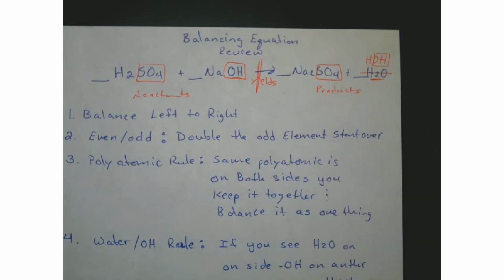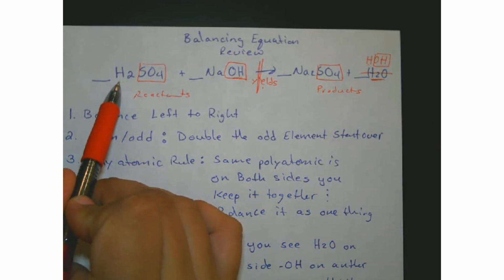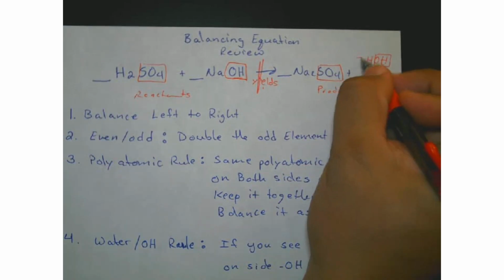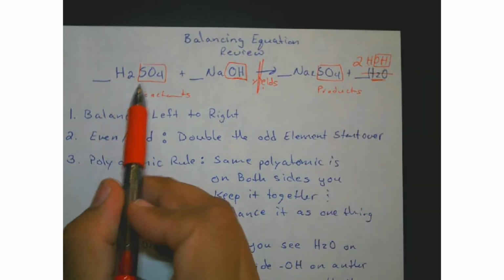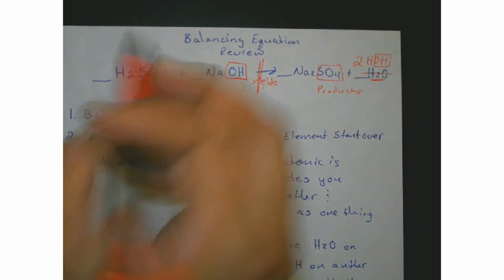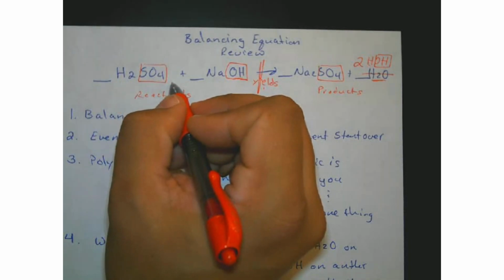So now let's go ahead and start balancing. Okay, we're going to start from left to right. We're going to start with hydrogens first. I have 2 hydrogens here and only 1 hydrogen here, so I'm going to put a 2 in front of him. Now let's look. I have 1 sulfate. If there was more than 1 sulfate, he'd be in parentheses and you'd see another number over here, but we don't have that.